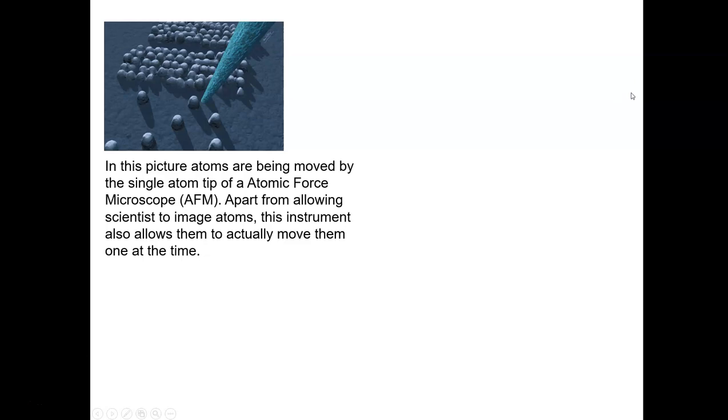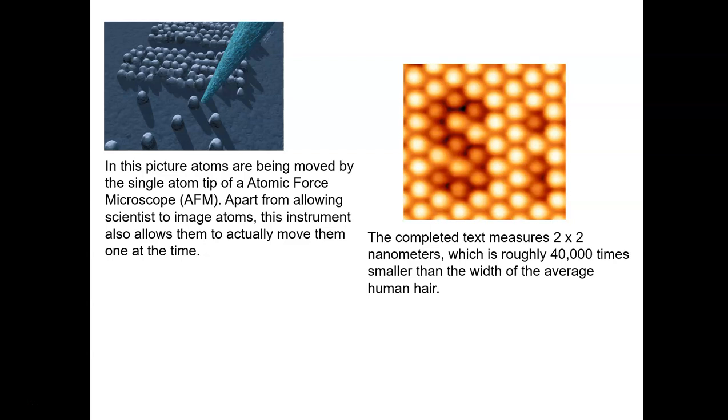But I do want you to realize that it has only been in, let's say, the last 50 years that we have developed the technology to be able to see individual atoms in a microscope. Right? Relatively recent. So these are both pictures of individual atoms.